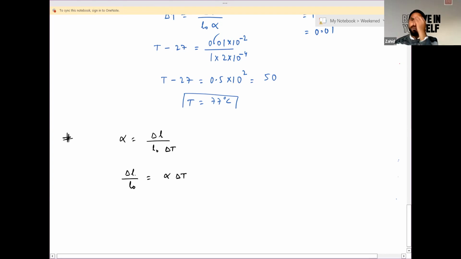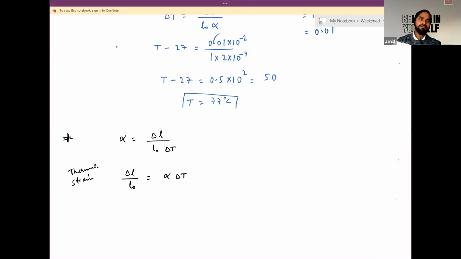So it is the ratio of deformation to original length, which is also called strain. In this case, the deformation is due to change in temperature, so we can write it as thermal strain. You will be asked to calculate the thermal strain produced in this rod. So just multiply alpha by change in temperature.